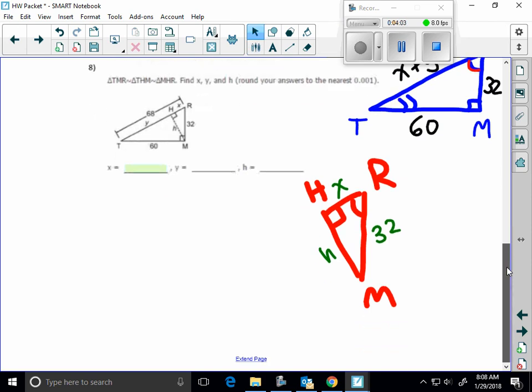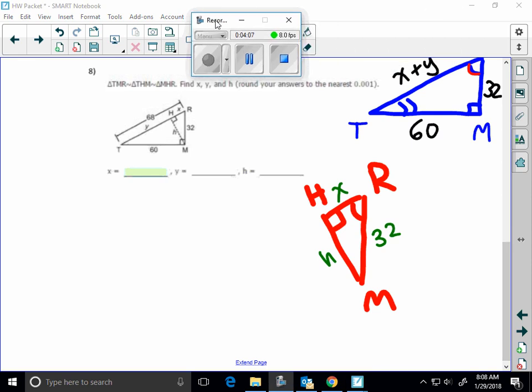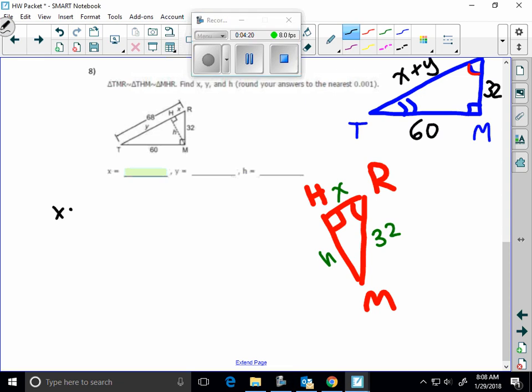Okay, so this is where it gets a little interesting. My hypotenuses, well, I have angle-angle similarity because I've got a right angle and then this acute angle that's congruent. So I'm going to write out all of my sides of the big triangle first. Let's go X plus Y, 60, and 32.